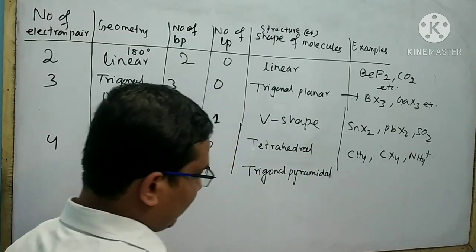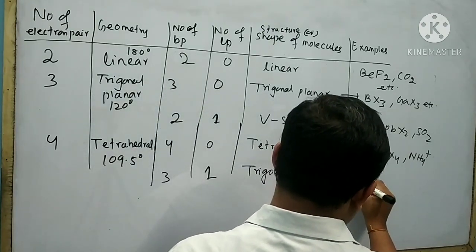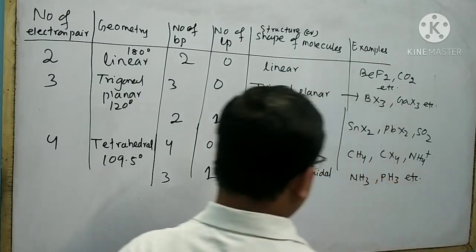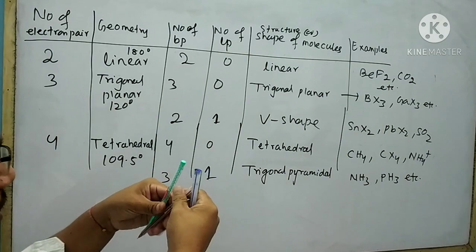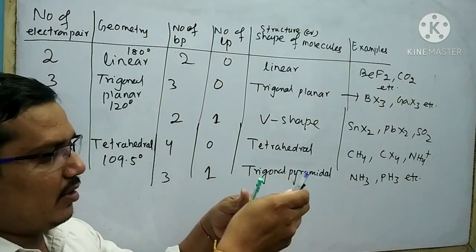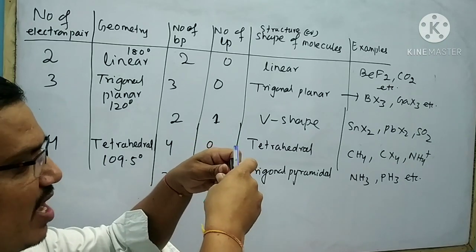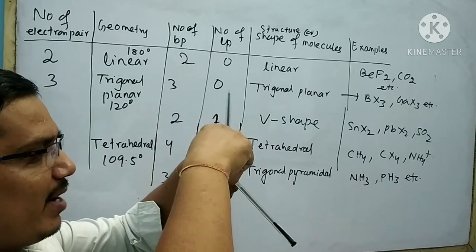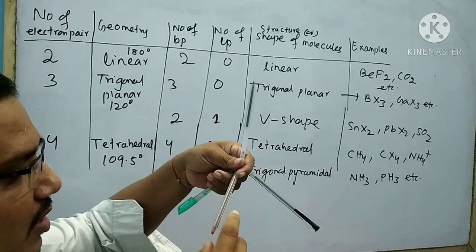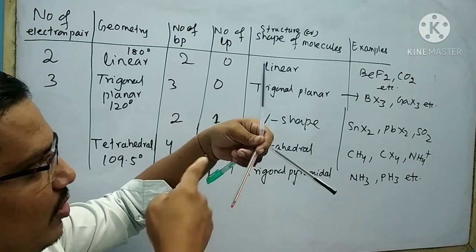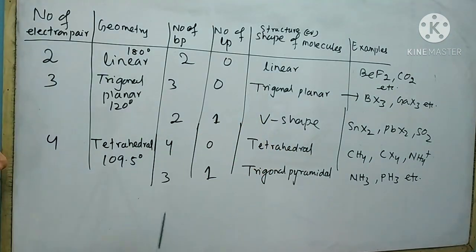The examples are NH3, PH3, etc. Look at that, there are 4 electron pairs. If I arrange the 4 electron pairs in such a way as to maintain minimum repulsion, they form a tetrahedral.